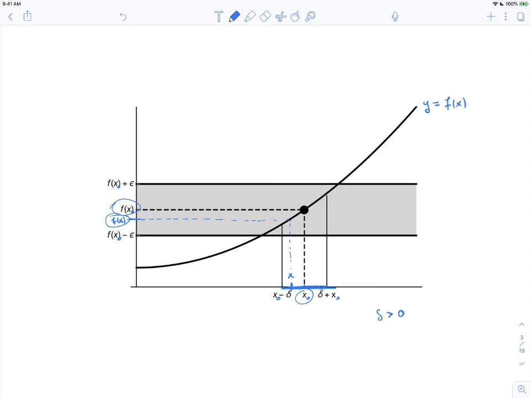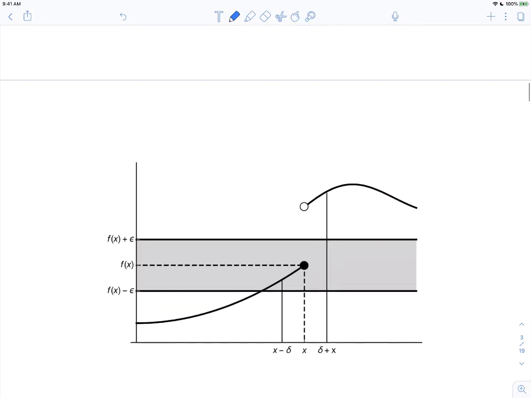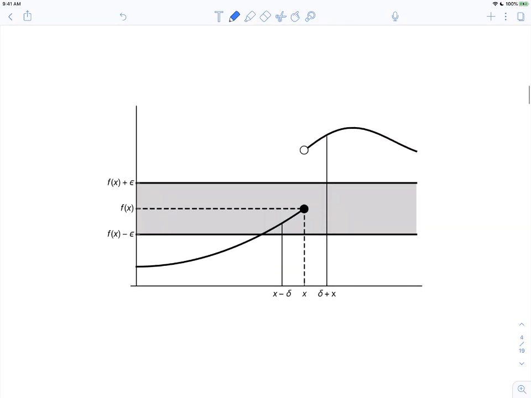Not every function will satisfy this at every point. If we look at this example, and again, really we want to think of this as our x0. This point, x0, is a point where the function leaps from one curve to another.